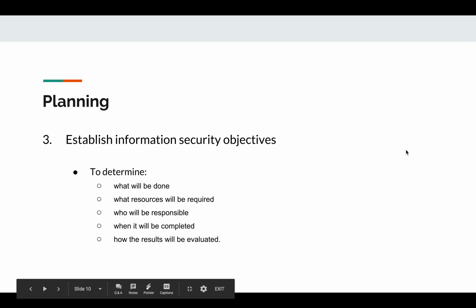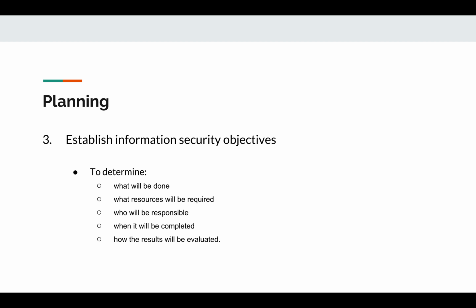So after that, we need to establish some objectives. To make it more simple, it is just to determine what will be done, what resources will be required for the support and operation, who will be responsible, when it will be completed, and how the result will be evaluated.